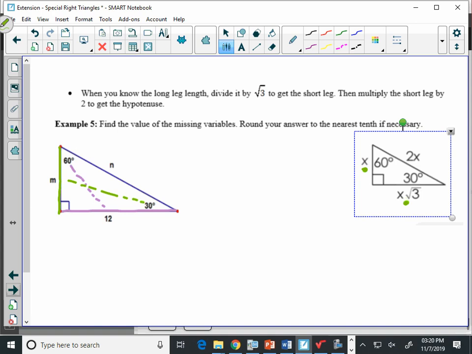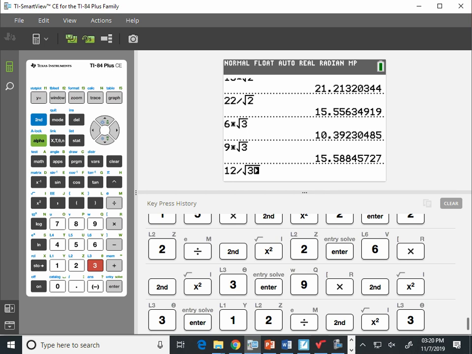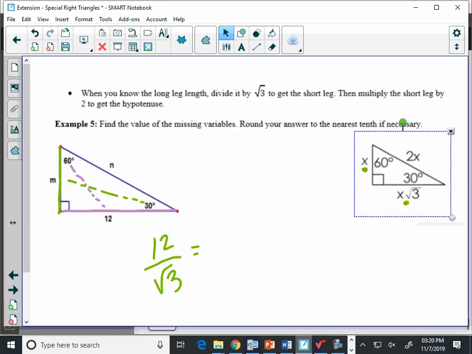So I'm going to do 12 divided by radical 3, and that will give me my short leg. And that's about 6.9. So my short side is 6.9. Now that we know my short side, you just have to double it, multiply it by 2 to get your hypotenuse.